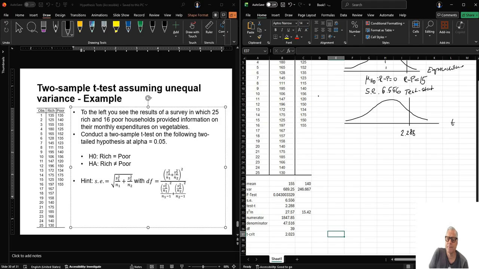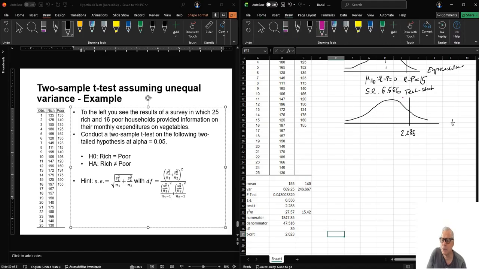So to the left of negative 2.023, we have 2.5%, and to the right as well. So that means if we draw that into our T distribution, this purple line, we have 2.023, and to the left of negative 2.023.